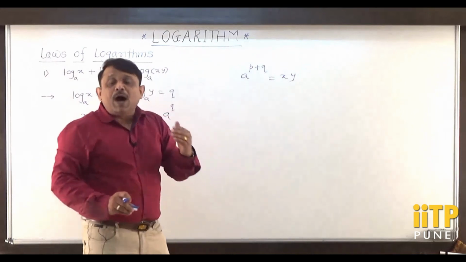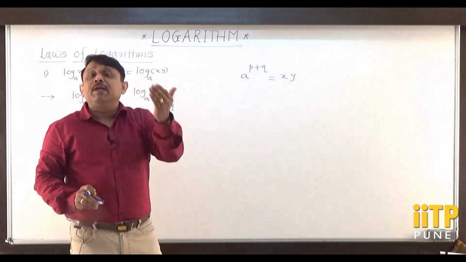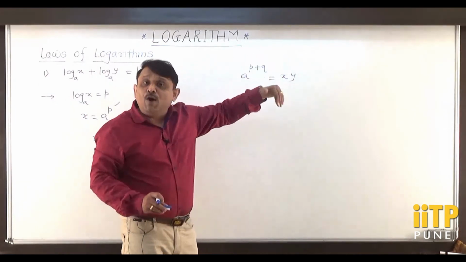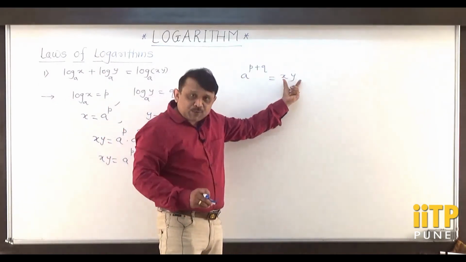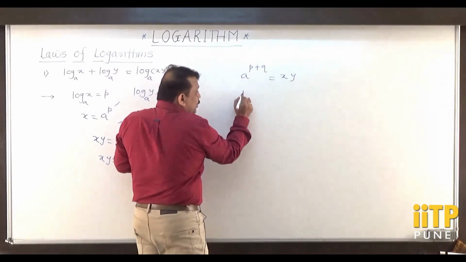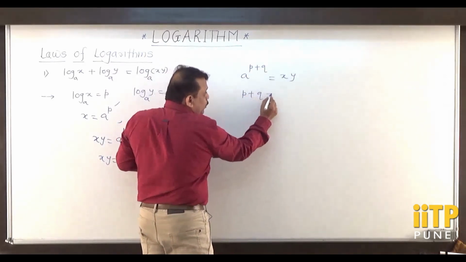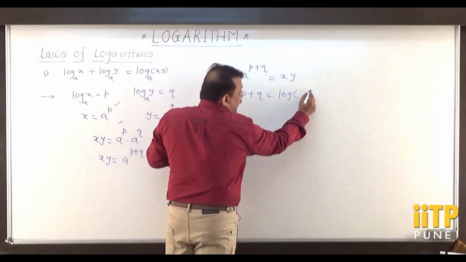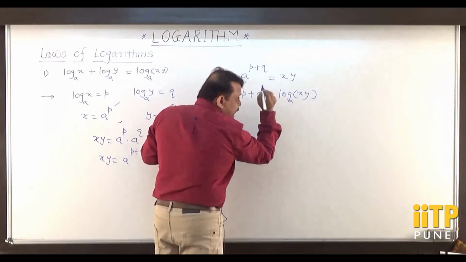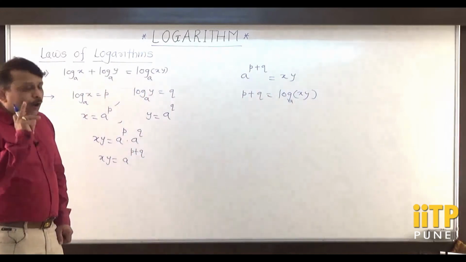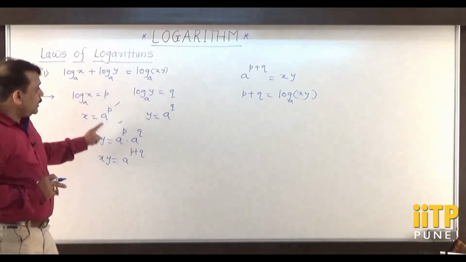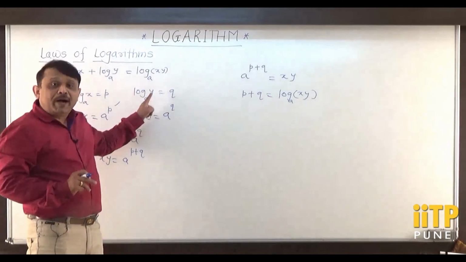So we know how to convert exponential into logarithm. Write the power is equal to log of the opposite side, which is xy, to the same base a. So here p plus q, that is the power, is equal to log of xy to the base a. But recall that p is log x to the base a, q is log y to the base a.